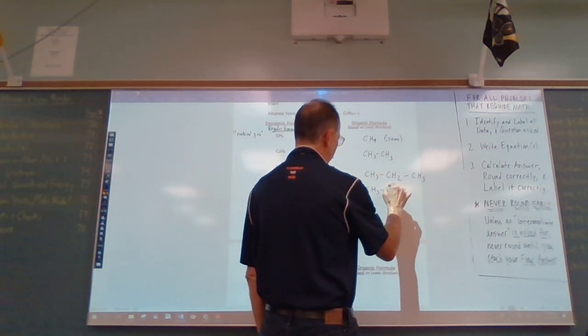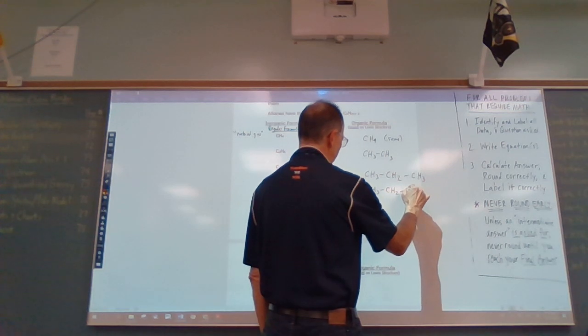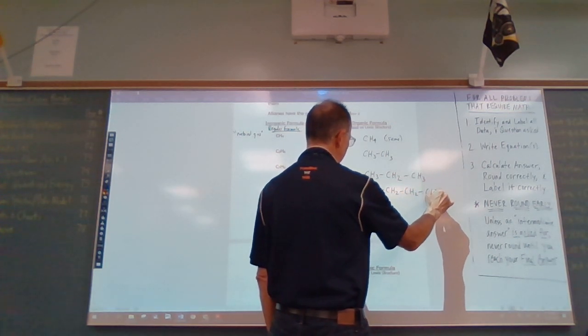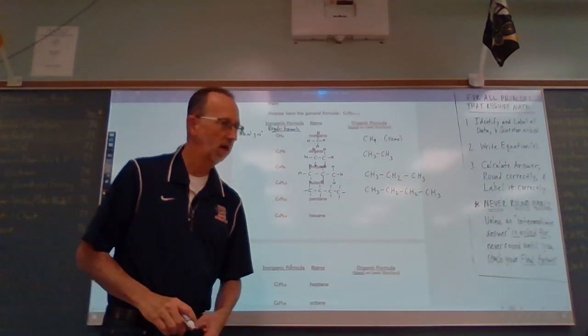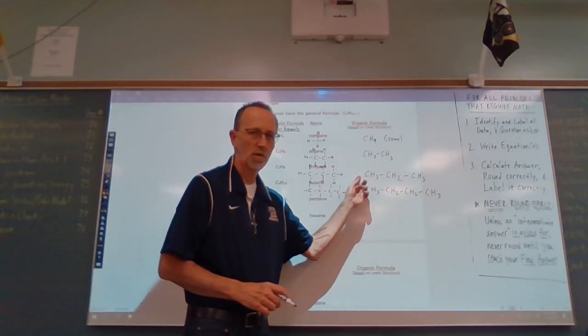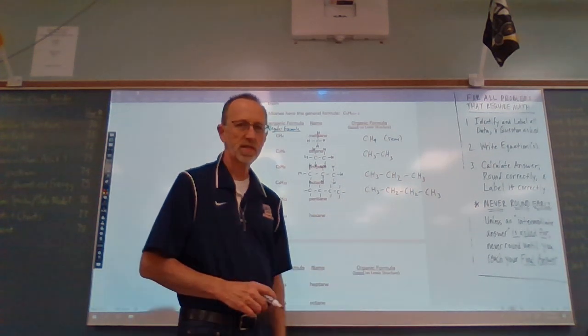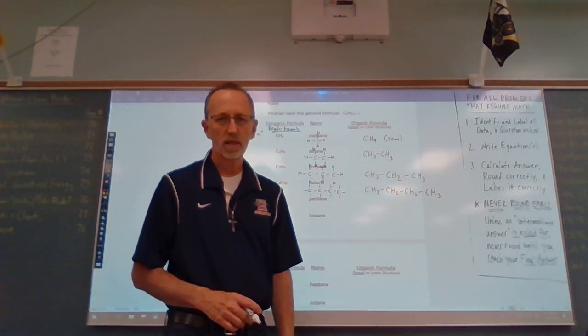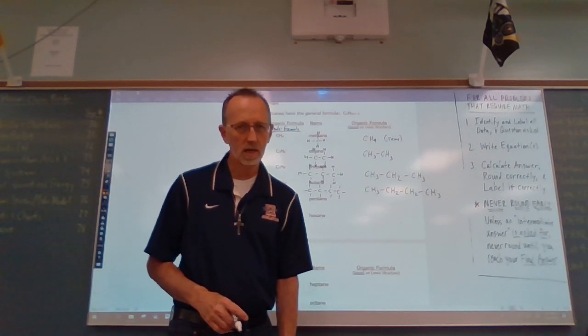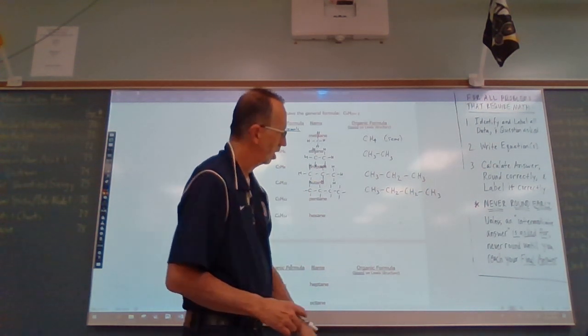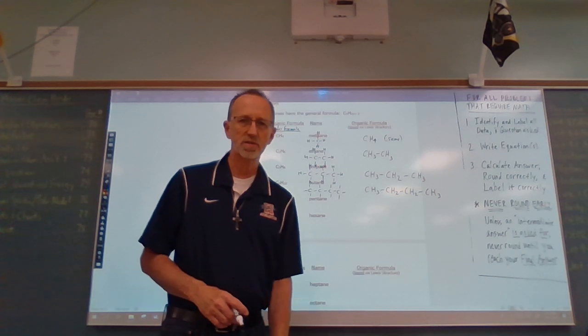CH3 single CH2 single CH2 single CH3. All right? You see a pattern emerging here? Take a look at propane and take a look at butane. What's different? As each alkane gets larger by 1 carbon atom, it also adds 2 hydrogen atoms.